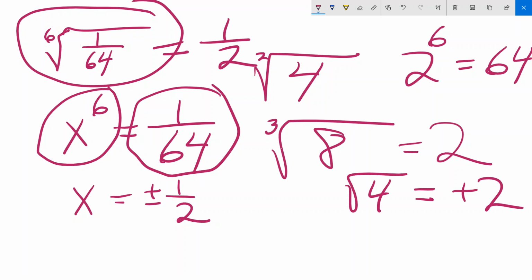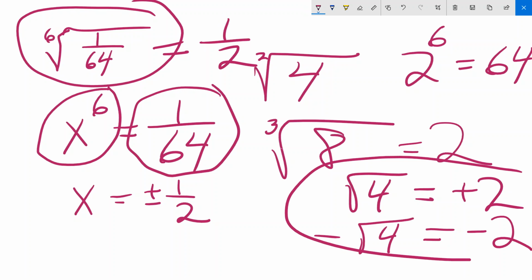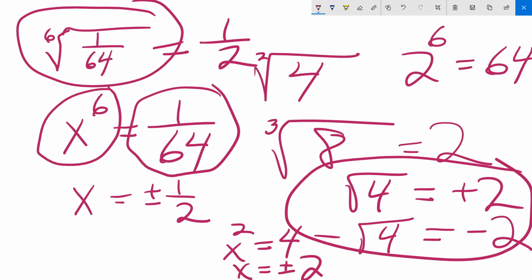If I want negative 2, I'll say the negative square root of 4. That notwithstanding, if I say x squared equals 4, x is equal to plus or minus 2.